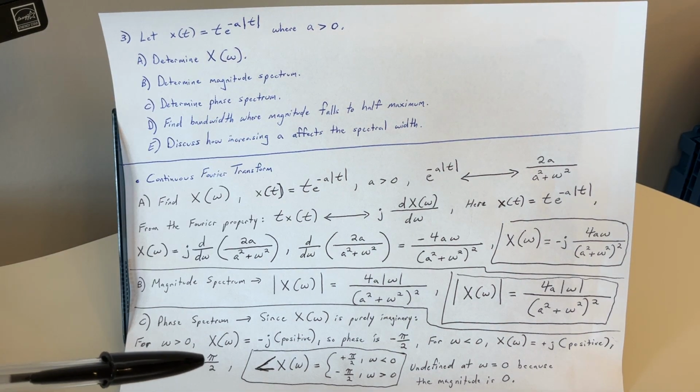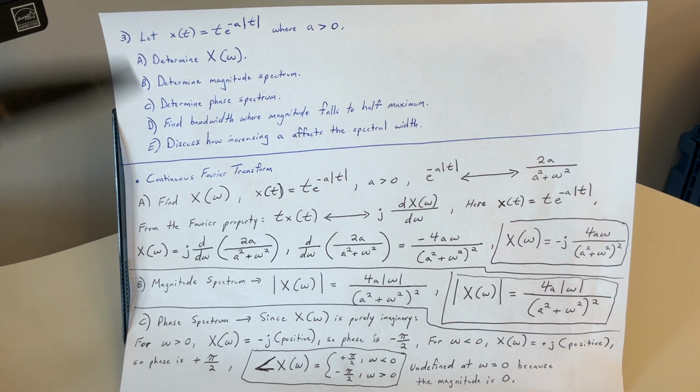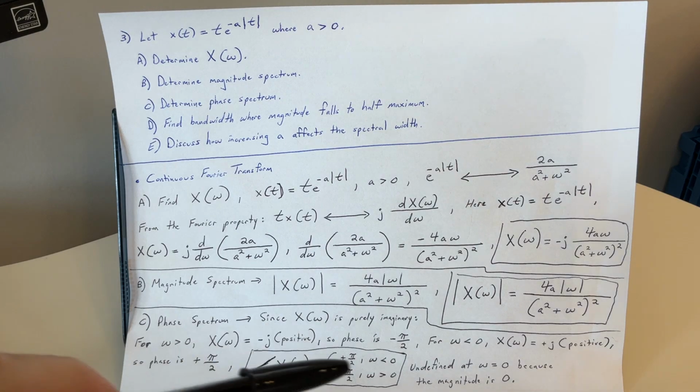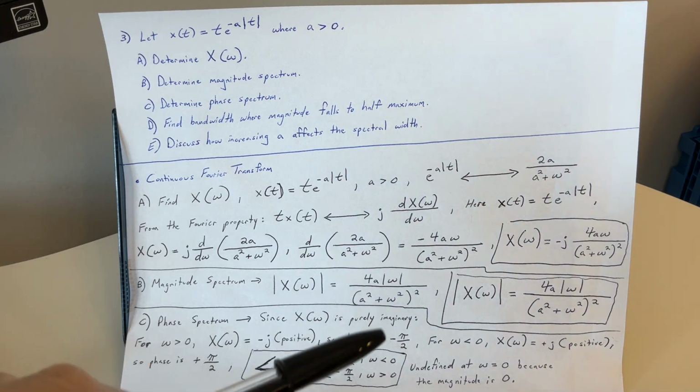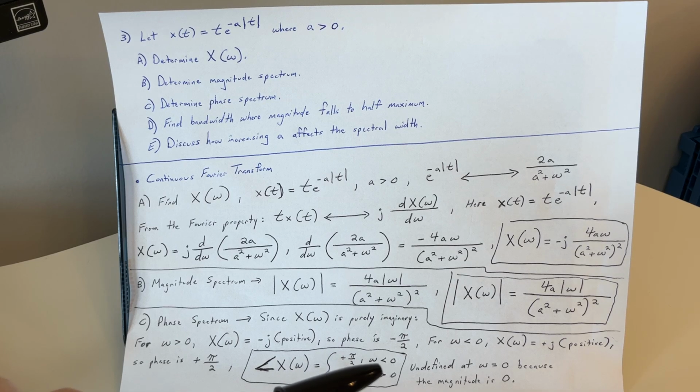So the phase is positive pi over 2. The angle of X of omega is piecewise: positive pi over 2 where omega is less than 0, and negative pi over 2 where omega is greater than 0. It's undefined at omega equals 0 because the magnitude is 0.